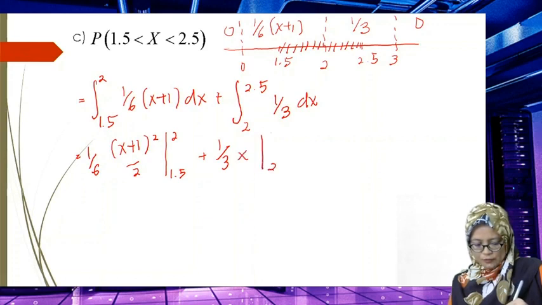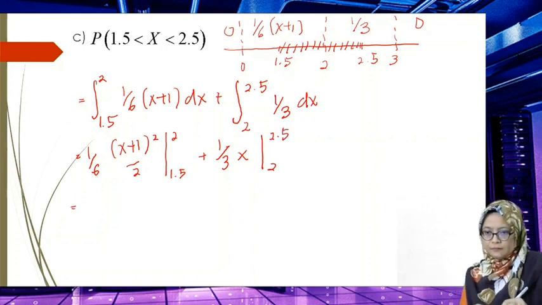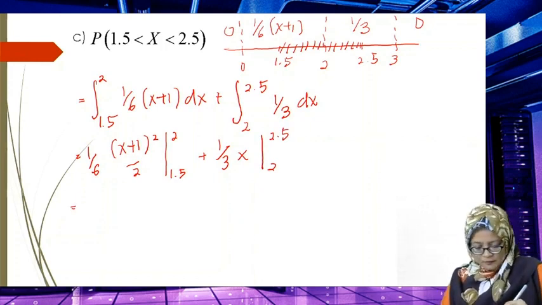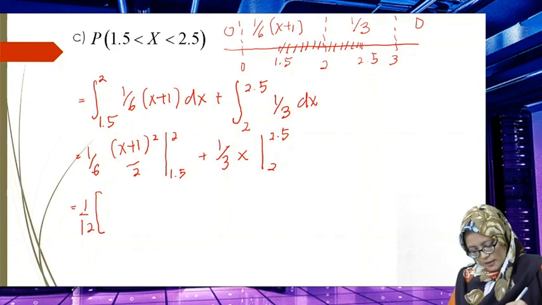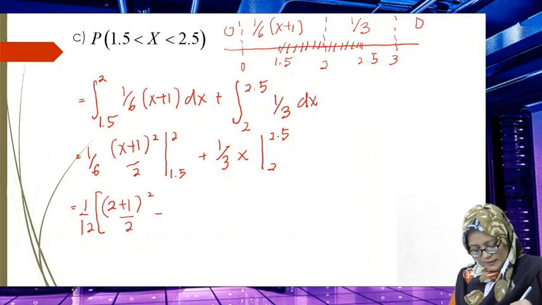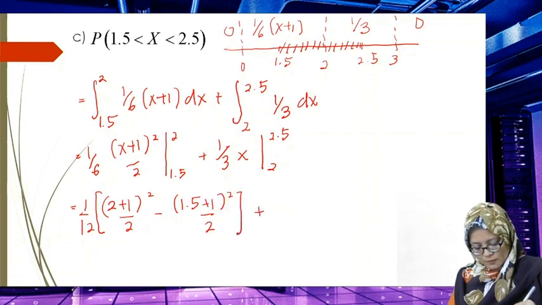Substitute from 2 to 2.5. Okay, so this one you akan dapat 1 over 12. So ganti x is 2, 2 plus 1 square over 2 minus 1.5 plus 1 square over 2 plus 1 over 3.